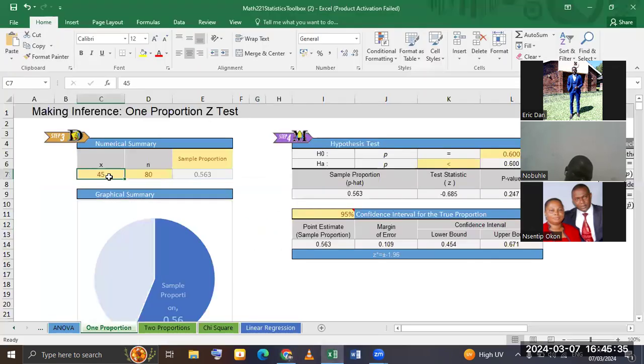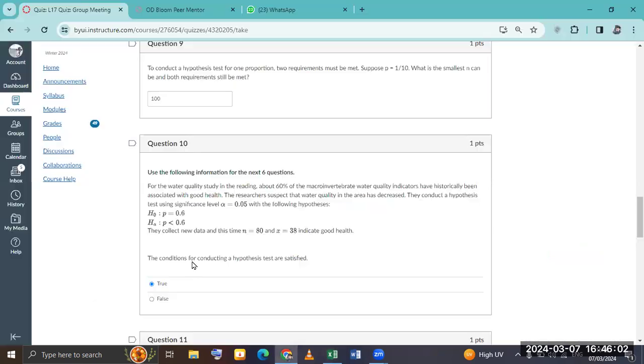We say here we have 38, and then the sample size is 80, right? And then the null hypothesis is 0.6, and then we're using less than. So we go to the question. The question says, the conditions for conducting a hypothesis test are satisfied, right?